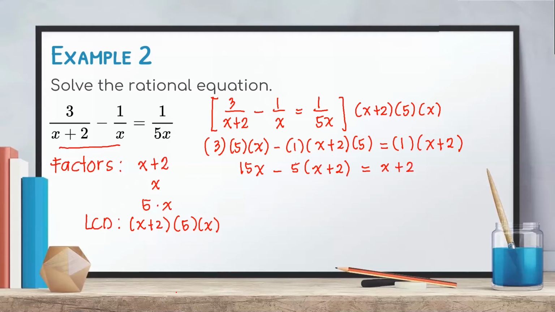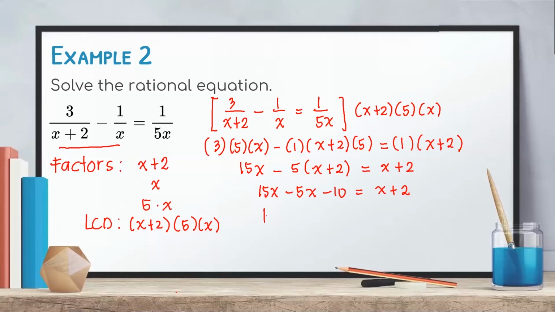Next, distribute negative 5 to our binomial x plus 2. Therefore, we will have 15x minus 5x minus 10 equals x plus 2. Next, isolate all terms to the left side of the equation.